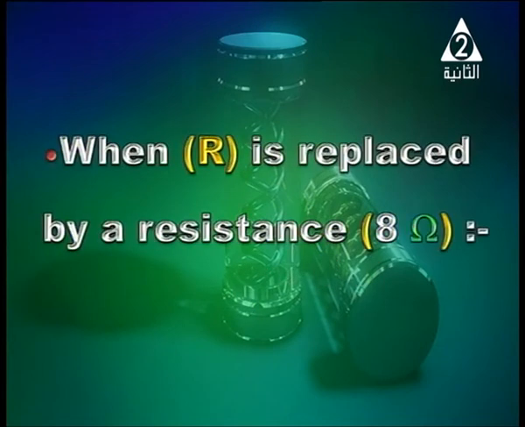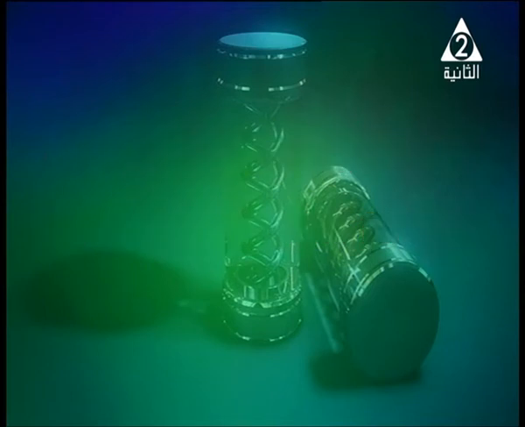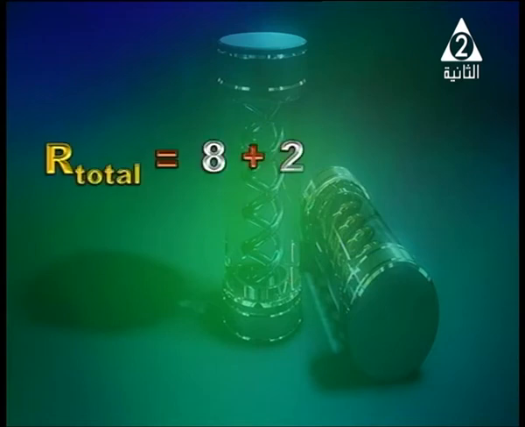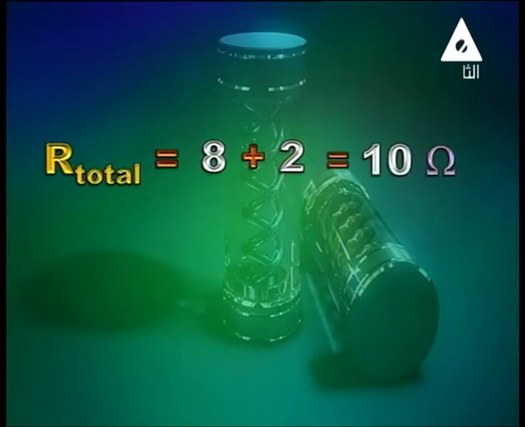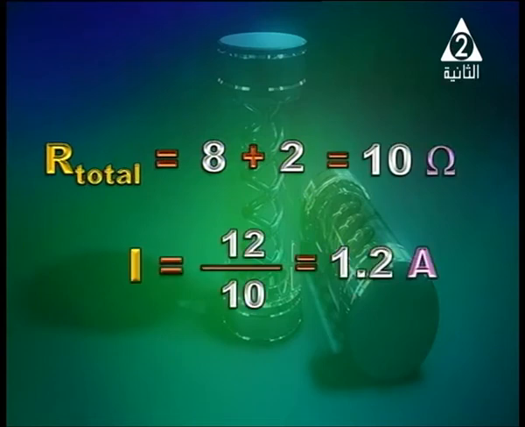And when R is replaced by a resistance of 8 ohm, we need to calculate the new current. First of all, let's calculate the total resistance. The new total resistance equals 8 plus 2, it is 10. Current equals 12 over 10. 12 is the V battery, so it is 1.2 ampere.